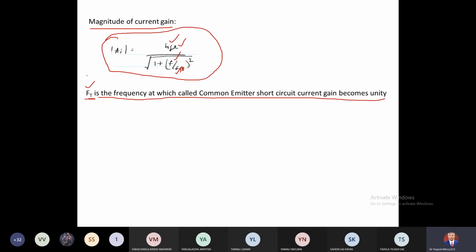So this current gain magnitude should become unity, and the formula for the magnitude of the current gain is hfe divided by root of 1 plus f by f beta whole square.